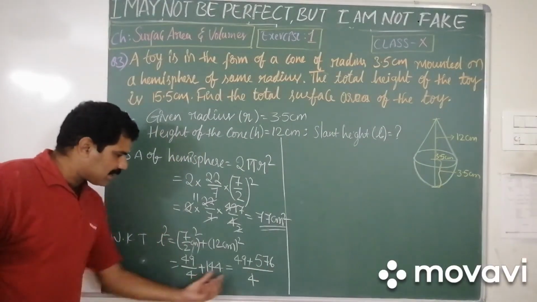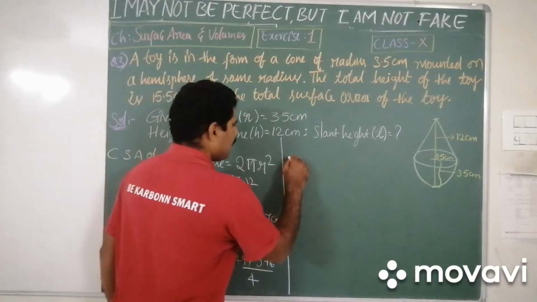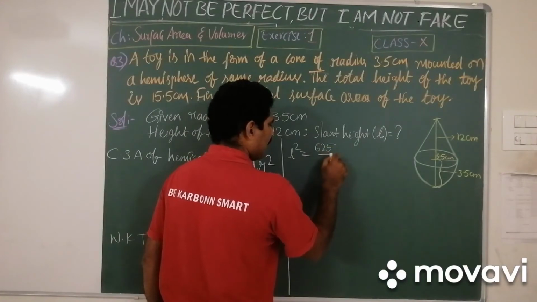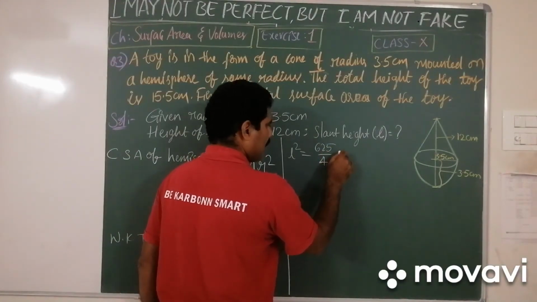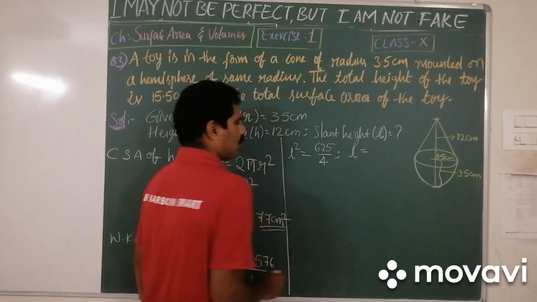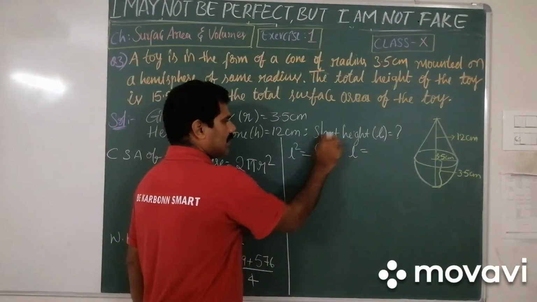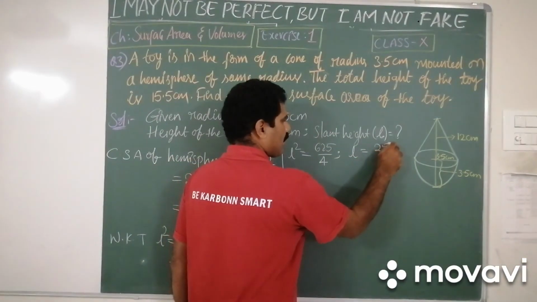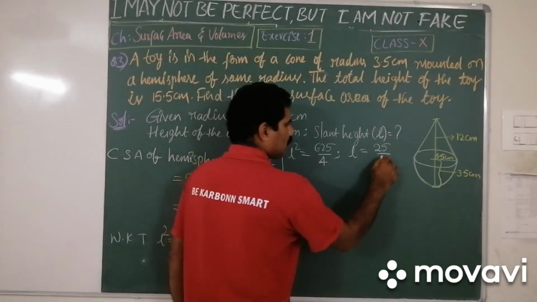Therefore, L square is equal to 625 by 4. Therefore, L is equal to, if I take root on both sides, square root of 625 is 25, square root of 4 is 2.